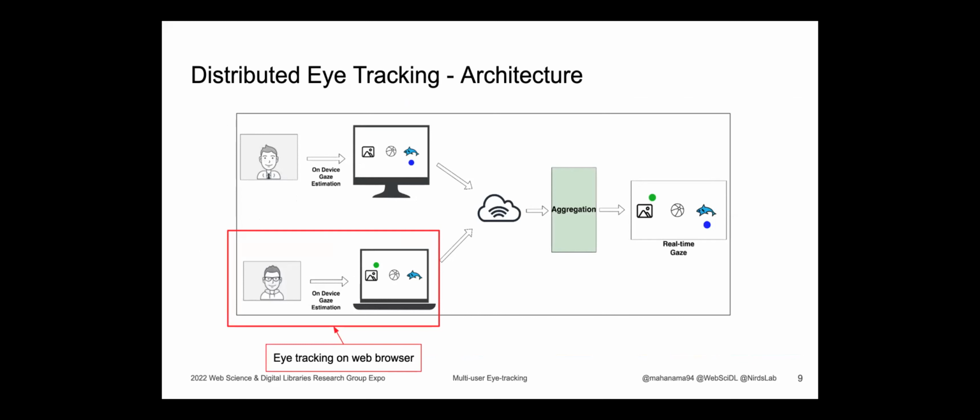Similar to the previous setup, instead of having all the users in the same physical environment, we have the users in the same virtual environment. In this case, it's the same web page.